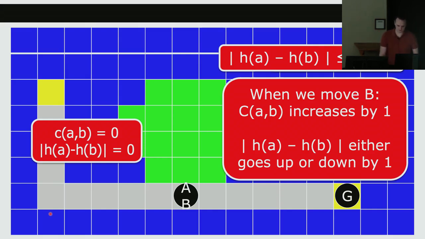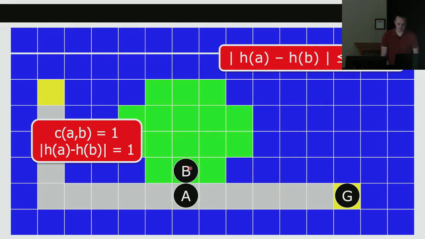So let's have a look. If we move B up, its distance from A is 1. But the most that its heuristic toward the goal could have differed is 1. And it actually does differ by 1 because we have to make one down movement before we go over.